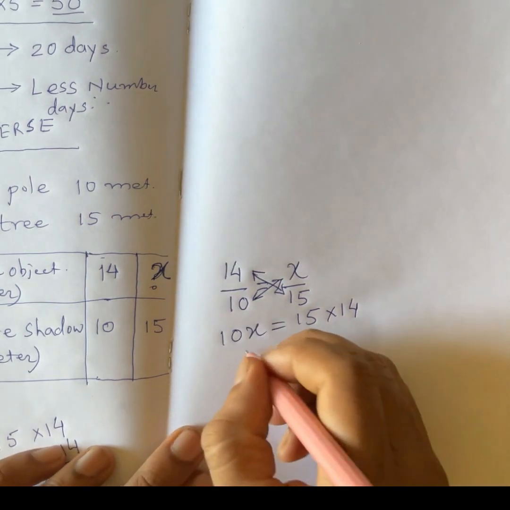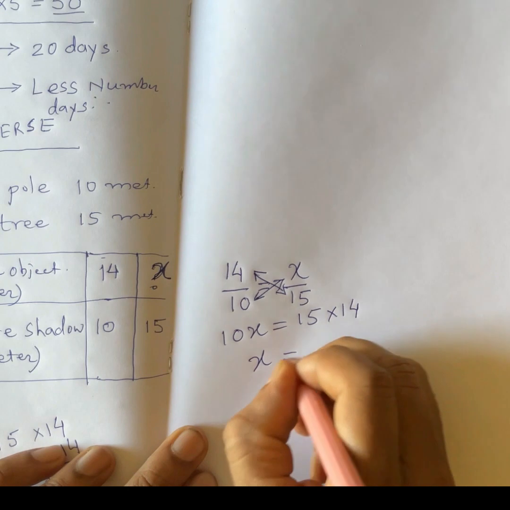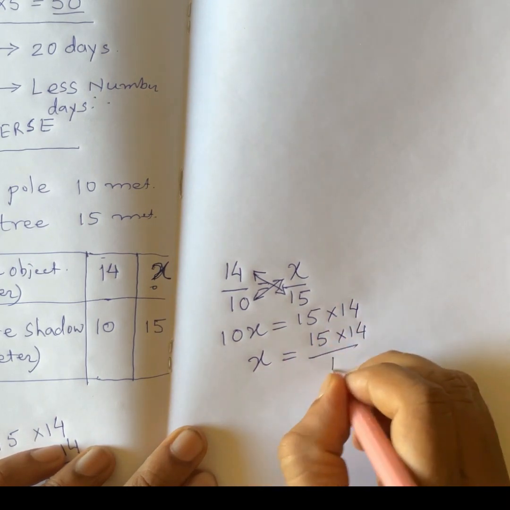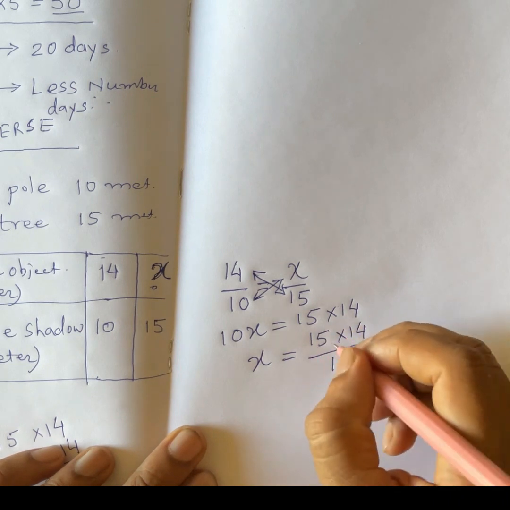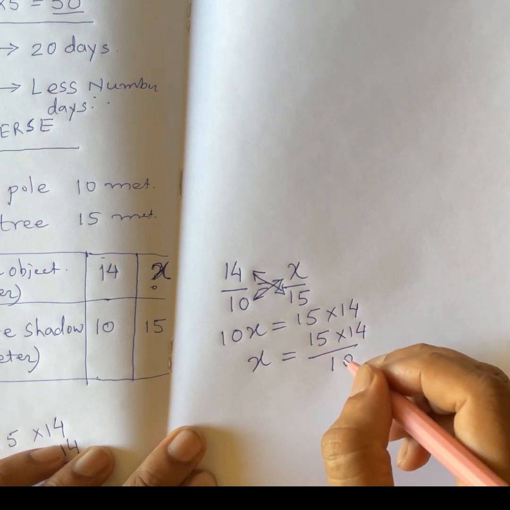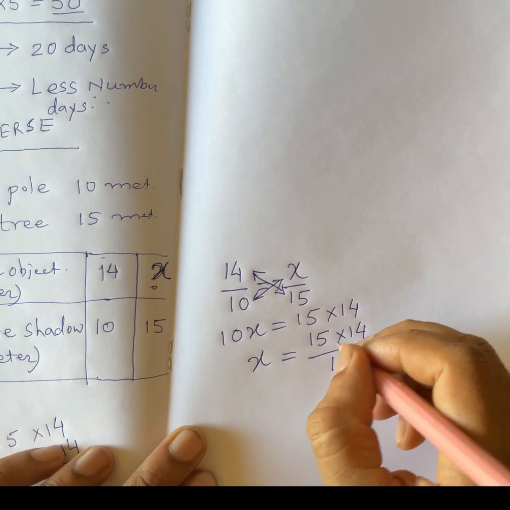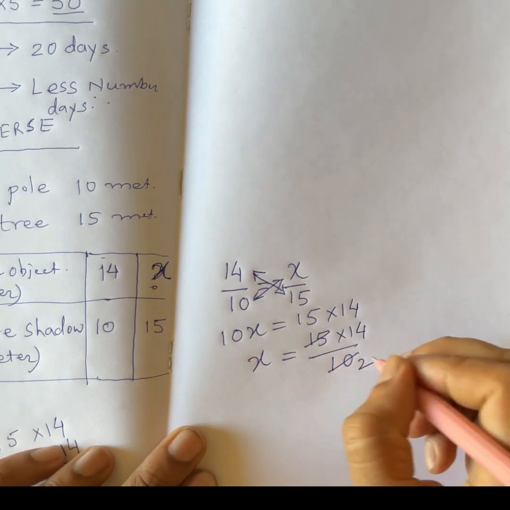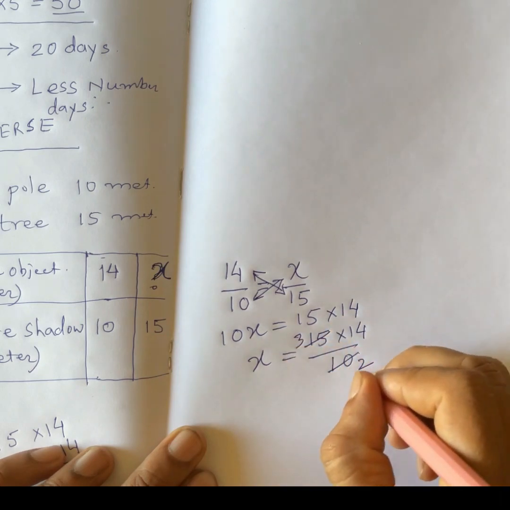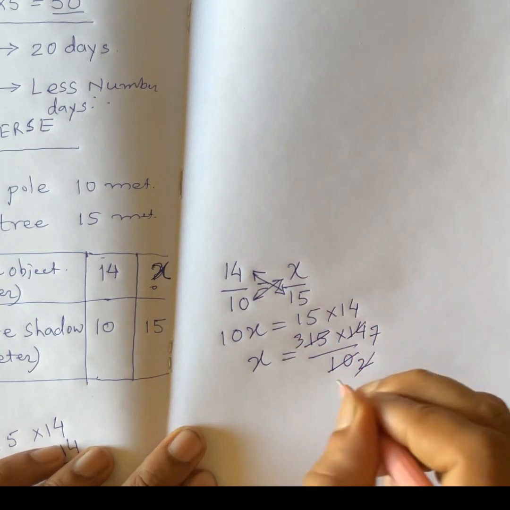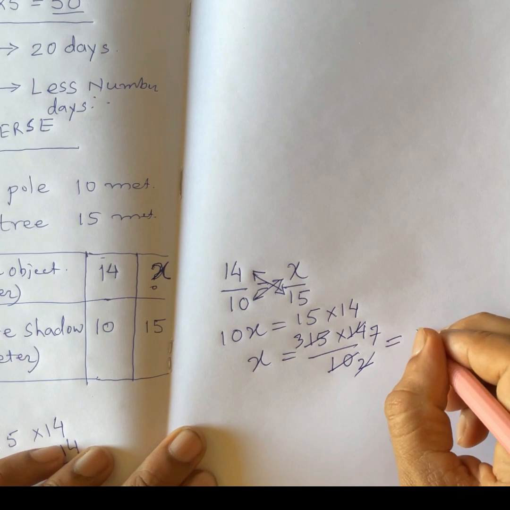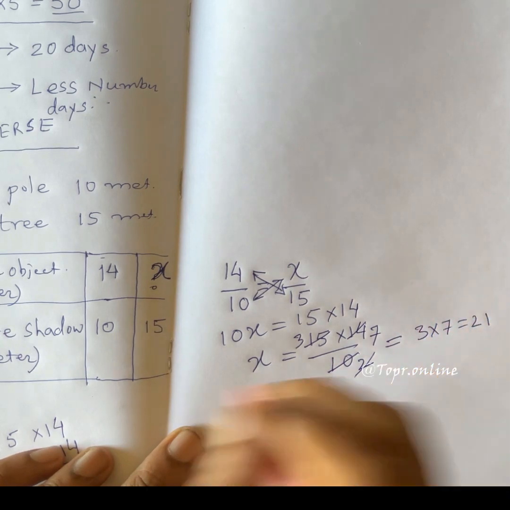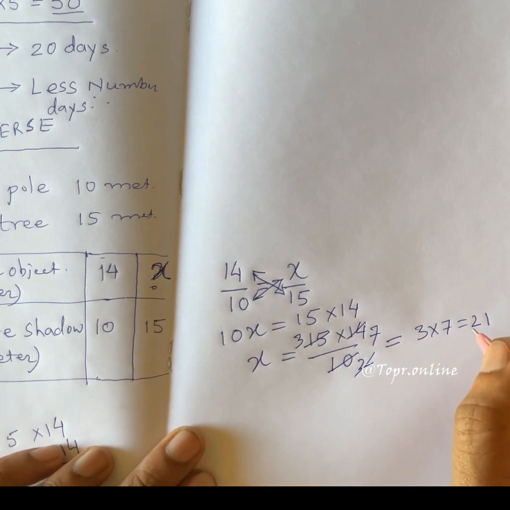So x equals 15 into 14 by 10. Simplify this: divide by 5, you get 3 here, and 2 and 7. So 3 into 7, 21 meters, is the height of the tree.